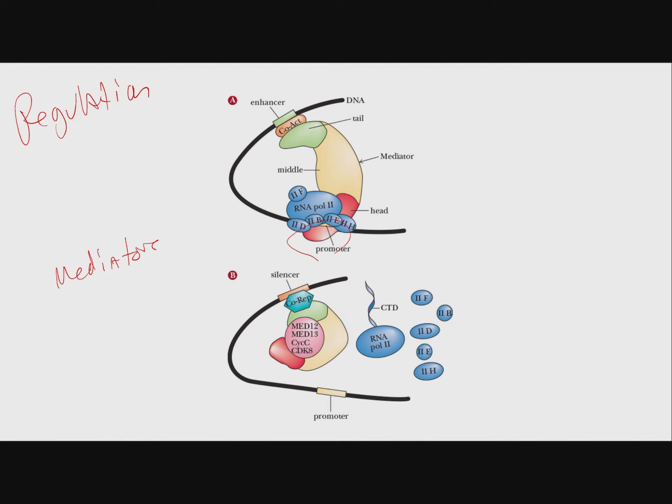They bridge the promoter and the general transcription factors with remote regions that are either silencers or enhancers. And so a silencer is one that would turn the gene off, and an enhancer is one that would turn it on. Now, these silencers or enhancers are regulatory sequences that turn on or turn off transcription. Obviously, you can tell by the name.